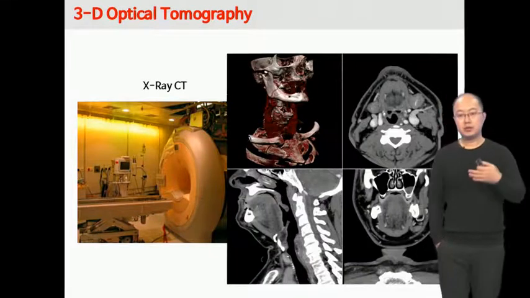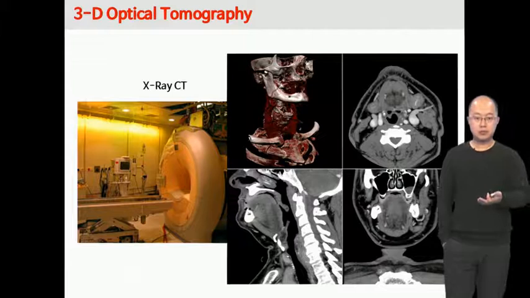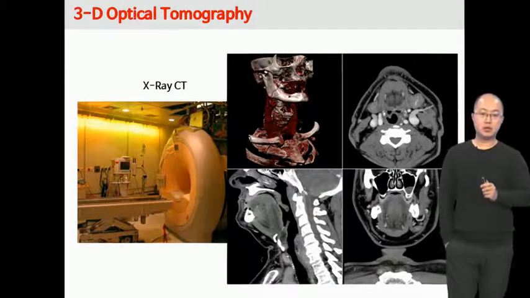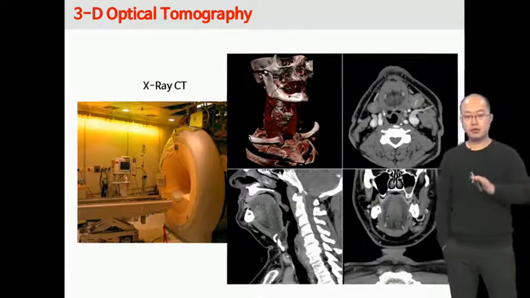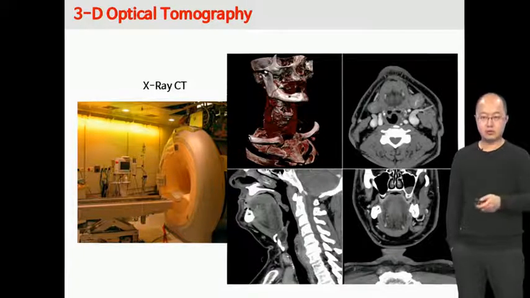As you know, X-ray CT can provide three-dimensional distributions of the X-ray absorption parameters of the human body, so that you can nicely see the tissues or organelle structures of the human body.